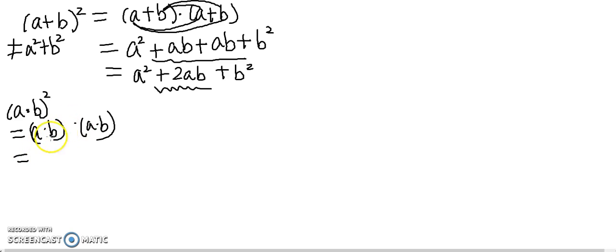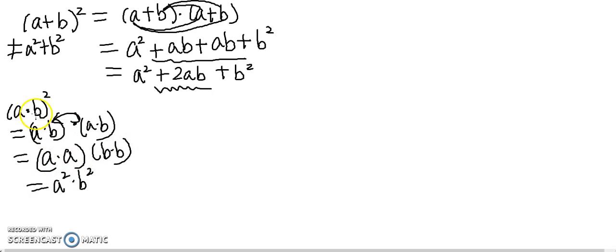Because of all the multiplications, you can switch a and b, commutative property, and we can get a times a times b times b, and that is equal to a squared b squared. But this formula does not apply to addition, so we cannot just distribute the power to each of the terms. But if it's multiplication, you can distribute the power to each of the factors.